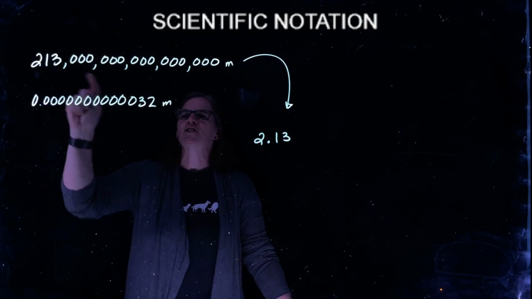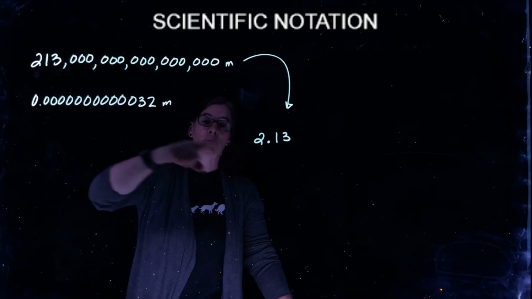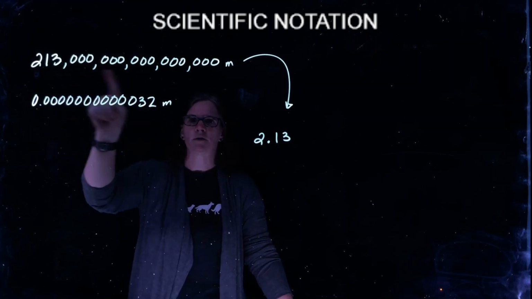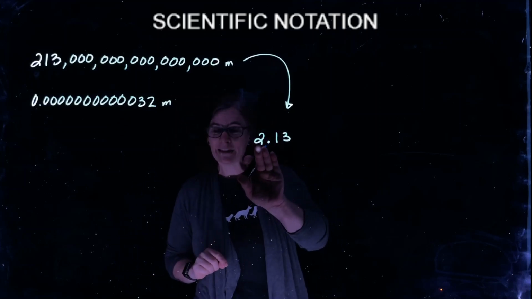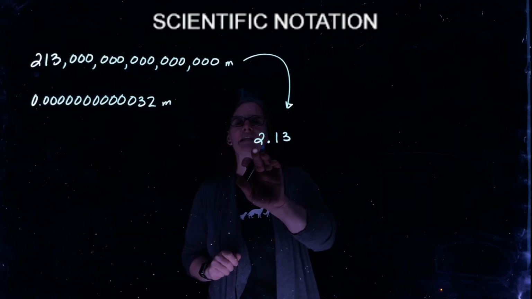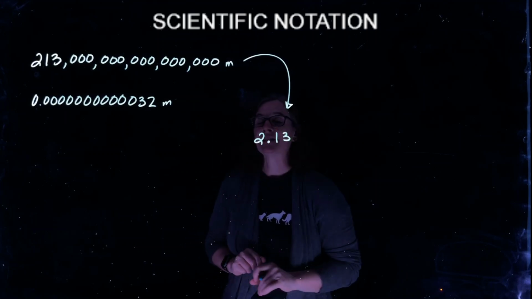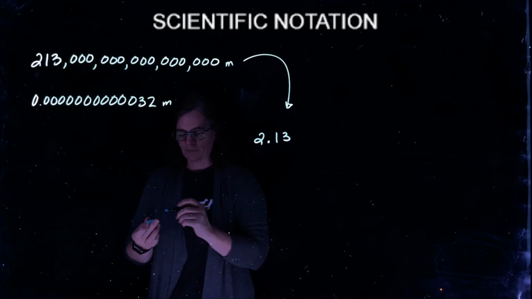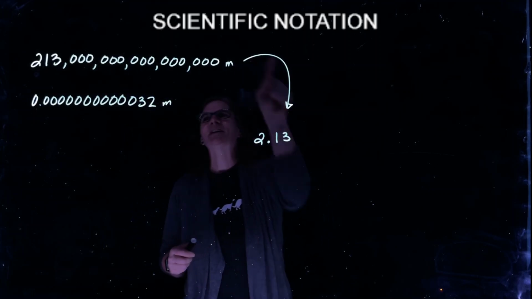So I have 3 integer values here, 3 significant figures, a lot of zeros. There's no decimal place at the end, so those are not significant. So I typically will use scientific notation with just a single digit in front of the decimal, and then the remaining significant digits after the decimal.